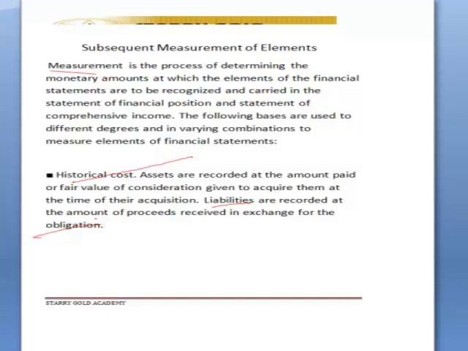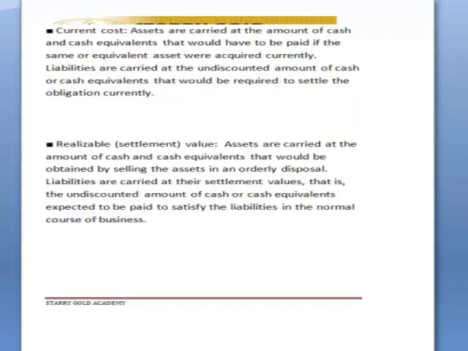We can also use current cost. Assets are carried at the amount of cash and cash equivalent that would have to be paid if the same or an equivalent asset were acquired currently. Whereas liabilities are carried at the undiscounted amount of cash or cash equivalent that would be required to settle the obligation currently.